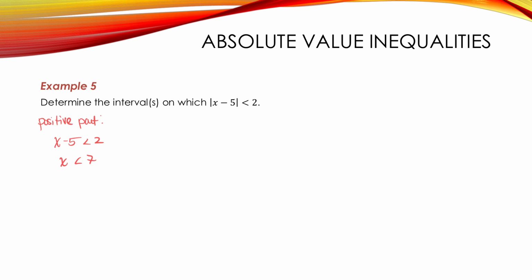Now let's do the negative part. If we assume we started with a negative part, then we're going to have a negative times our x minus 5, and then that is also less than 2. This is the part that sometimes can be confusing because we don't switch the inequality sign. And the reason being is we're using that definition of absolute value of x, where if x is already non-negative, we leave it alone, but if it is less than 0, so if it's negative, we multiply it by a negative.